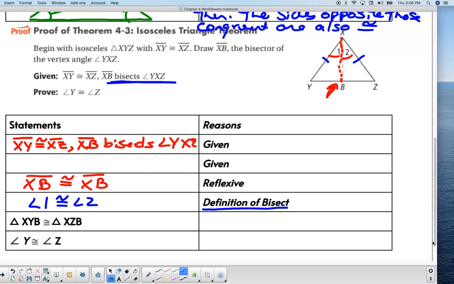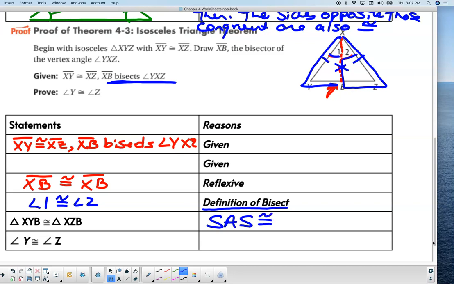Now that I've got the angles congruent and I have my reflexive, I have these two triangles, XYB and XZB, congruent because of side-angle-side congruence.